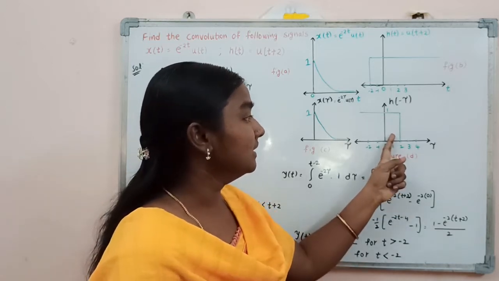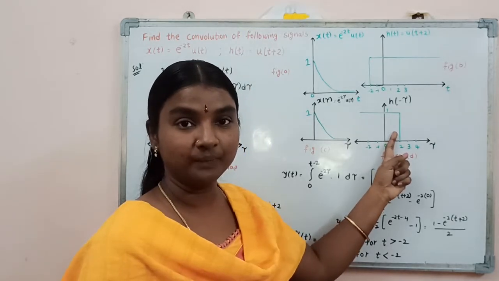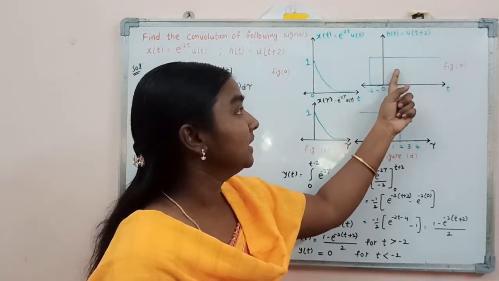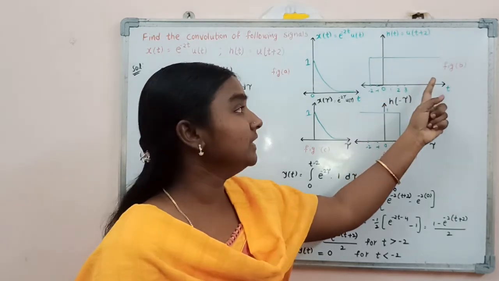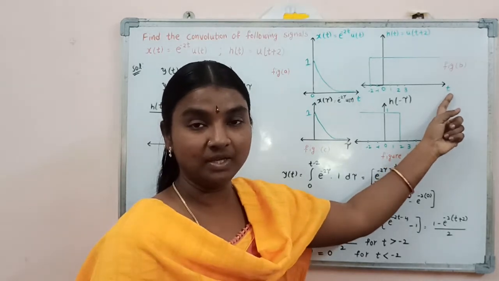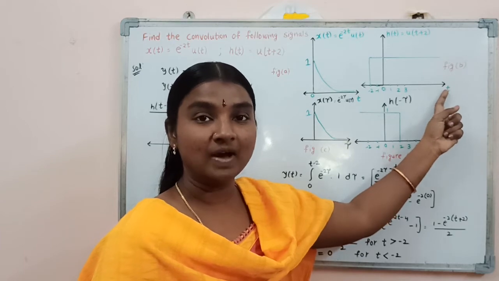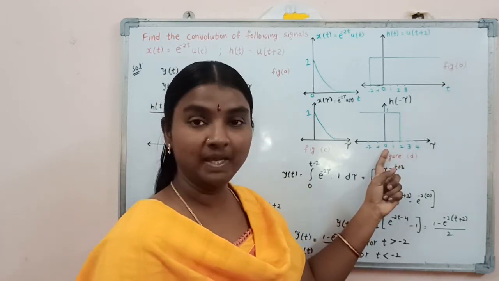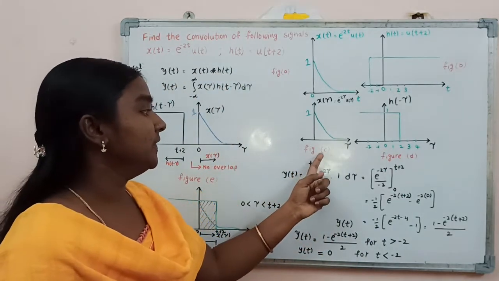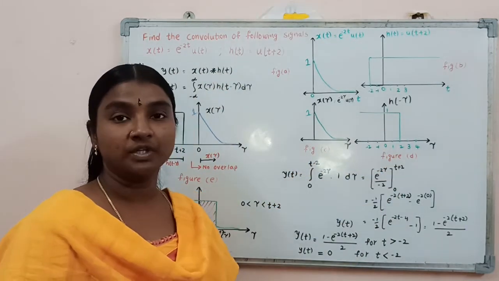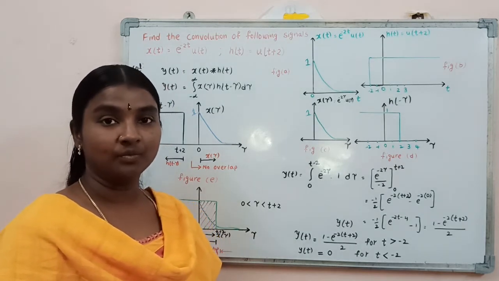This is the h of minus tau reversal signal for h of tau. Suppose this is the given signal h of t; h of tau is in the same manner, with tau in place of t as the independent variable. Then the reversal signal must be in this manner. Figure C and figure D show the signals with independent variable tau.